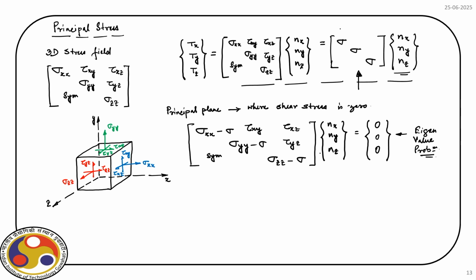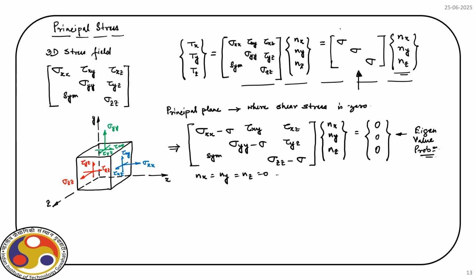Now, we have this equation to solve, and the output of this equation is sigma, and also the corresponding direction cosines. So, one of the solutions you can easily conclude is nx equal to ny equal to nz is equal to 0.